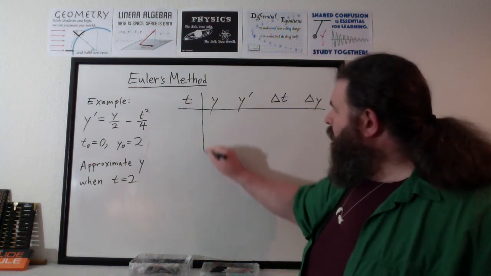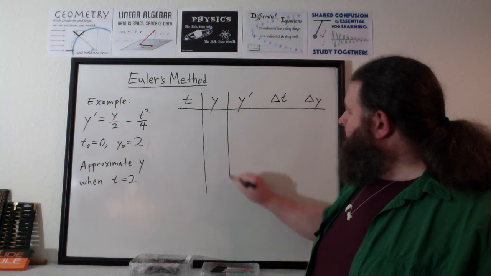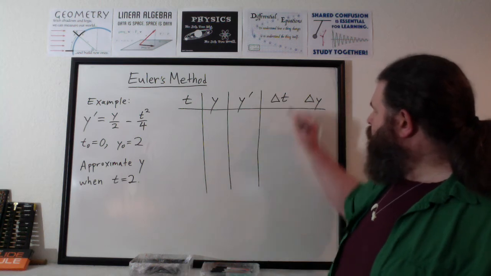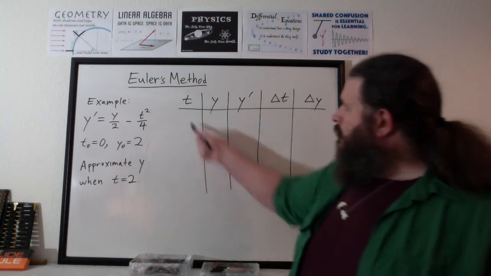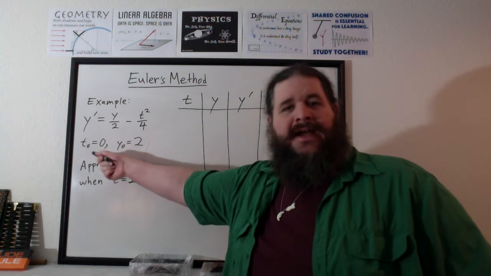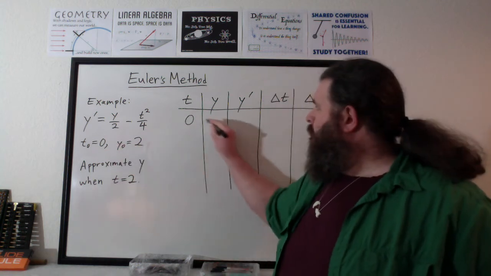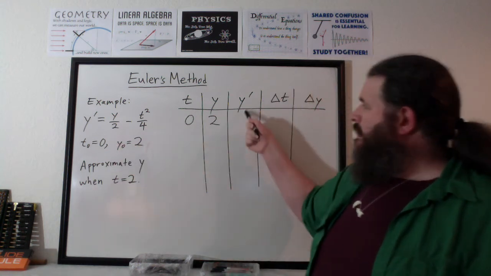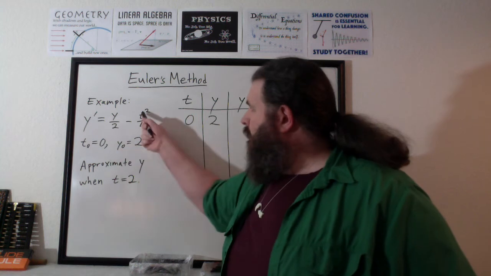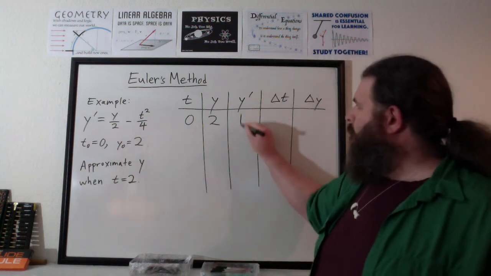So we'll make a column for each of those. t and y start off at just our initial value, 0, 2. We already calculated y prime, plug in 0 for t and 2 for y, we get 1.